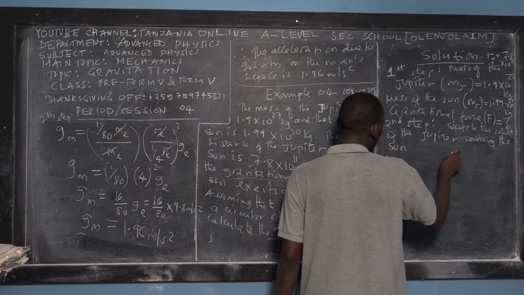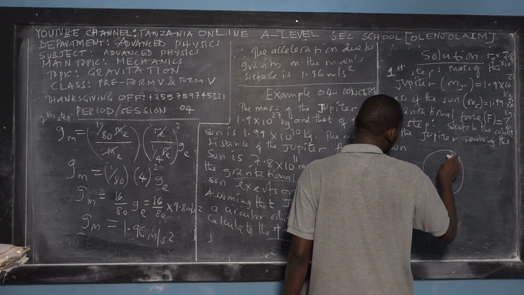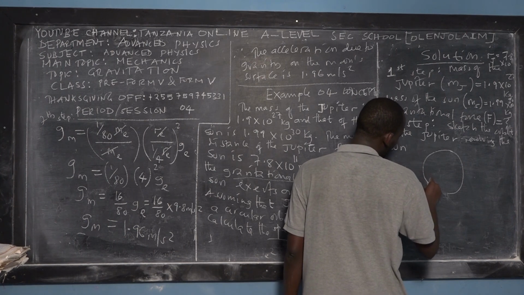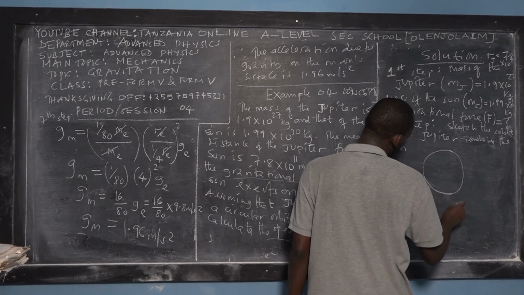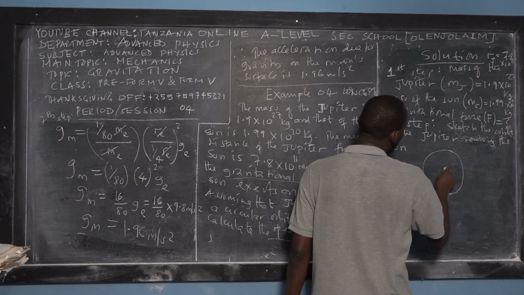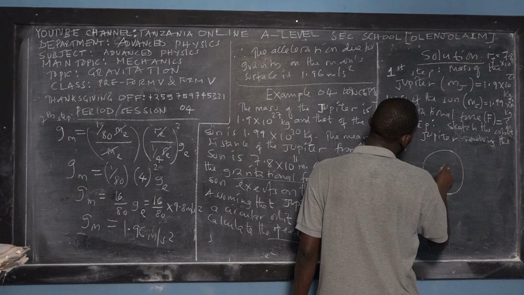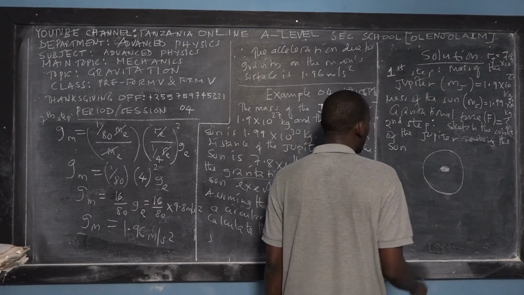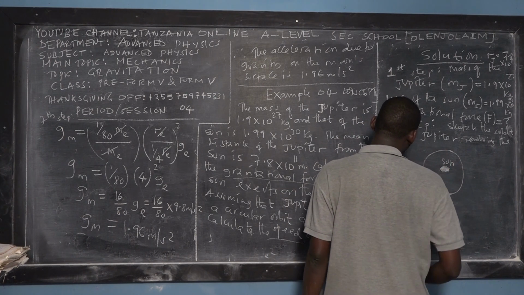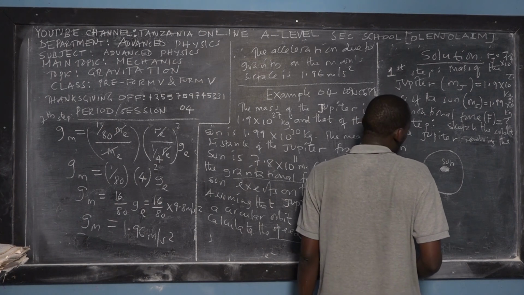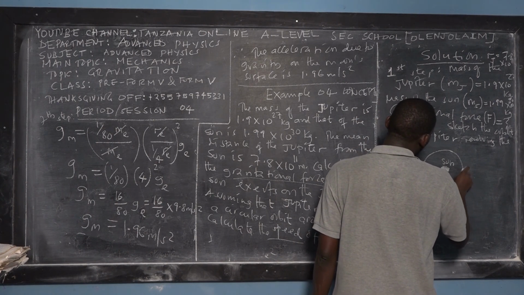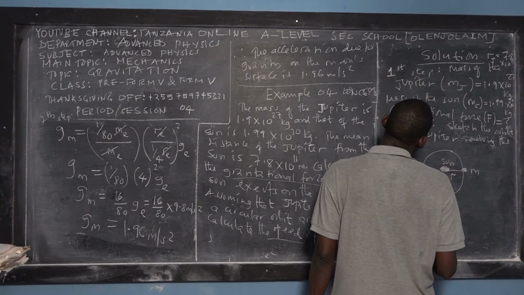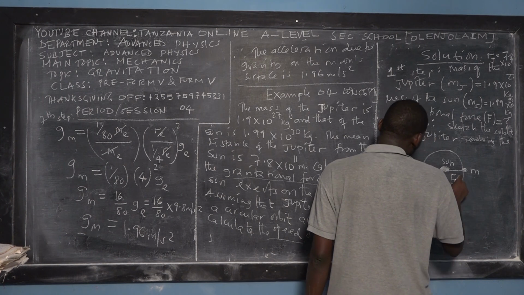So to sketch this phenomenon, okay, this is the Sun, and then this is a body of mass M. Here we have the radius of Jupiter from the Sun.